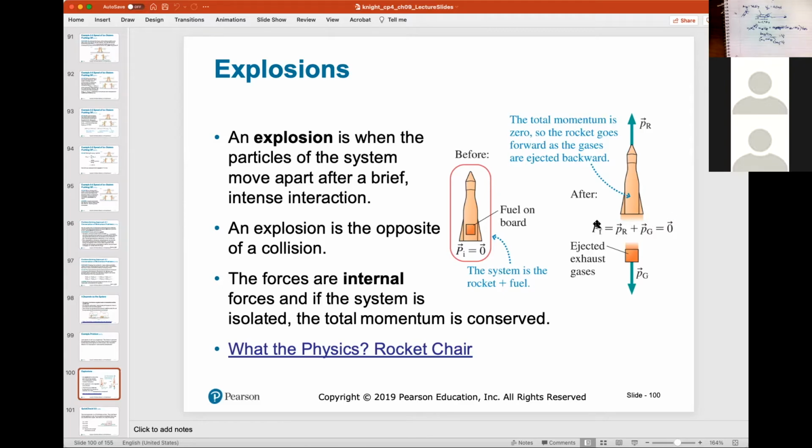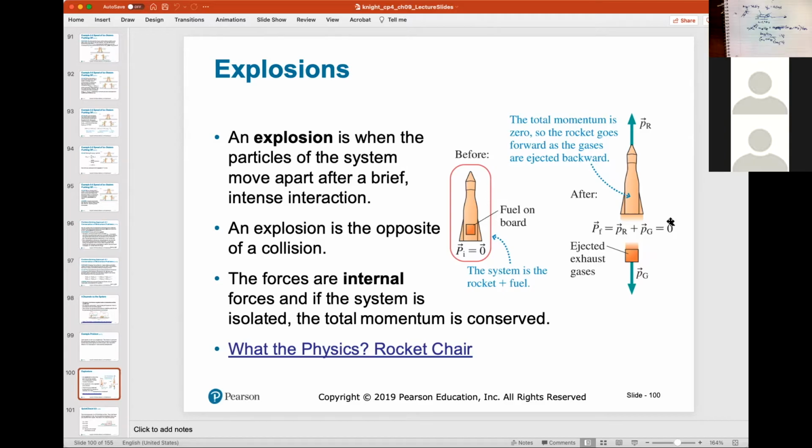It's on the launch pad, it's stationary. Then you have a chemical reaction, and the chemical reaction shoots mass out of the back of the spaceship. As you eject this mass, they're going in opposite directions at very different velocities. But then the momentum of the rocket changes a little bit, right?